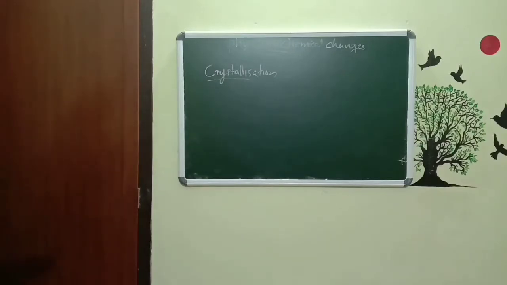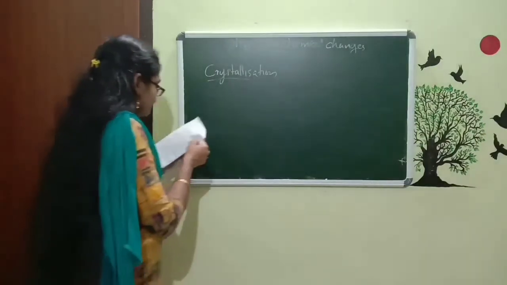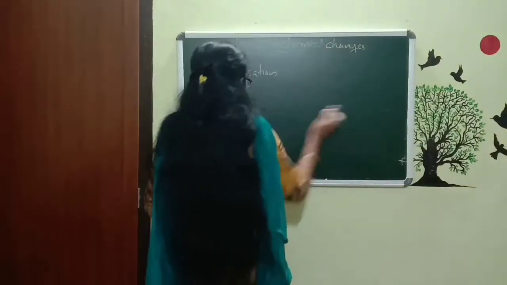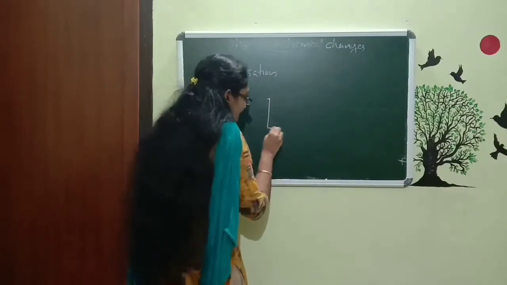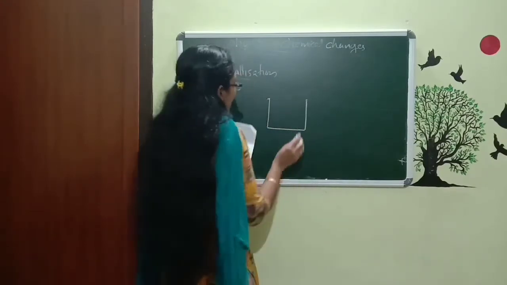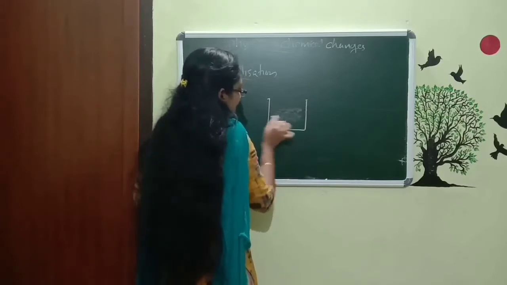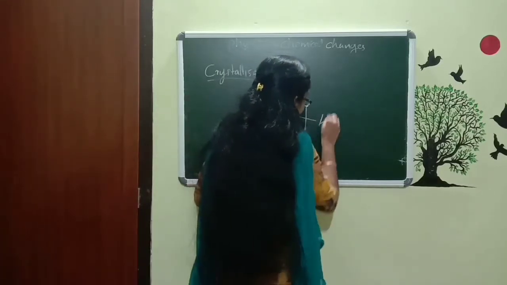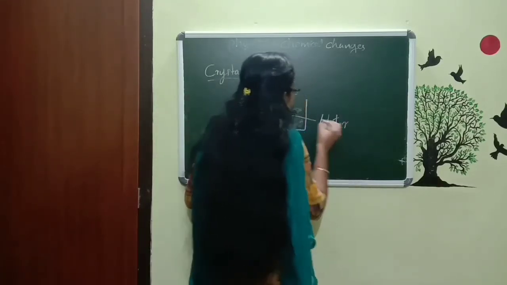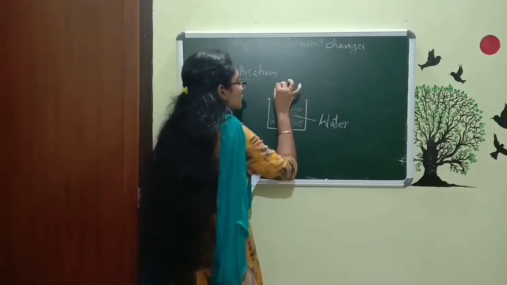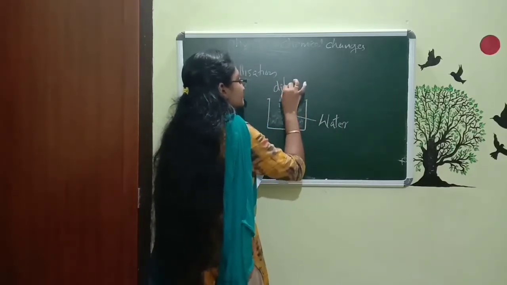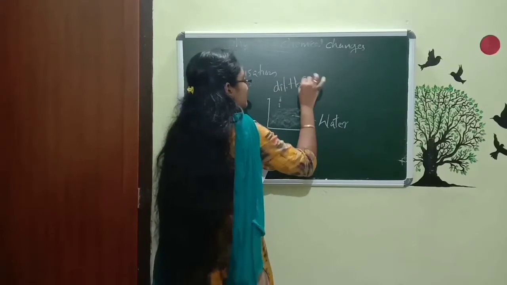The example is very simple. Take a beaker and fill it with water. Then add some drops of dilute sulfuric acid.